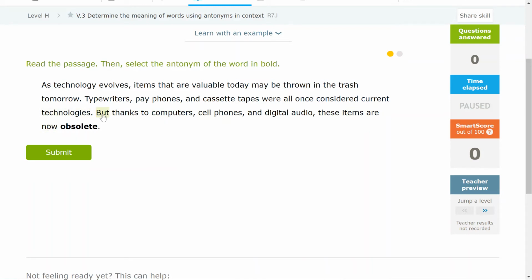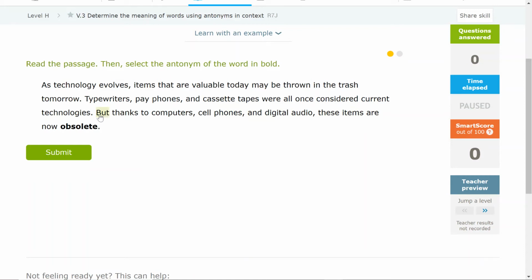So obsolete is maybe a word you don't know, but let's try to find out if there's a word here that you do. I'm noticing that these same types of things, these technologies, were all once considered current technologies, but thanks to blank, they are now obsolete. There's a shift there with that word but.